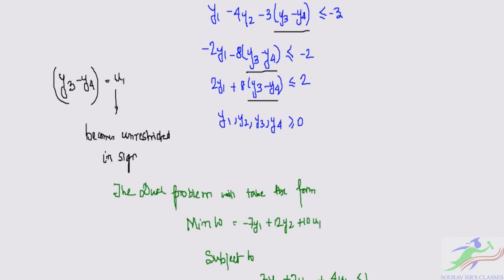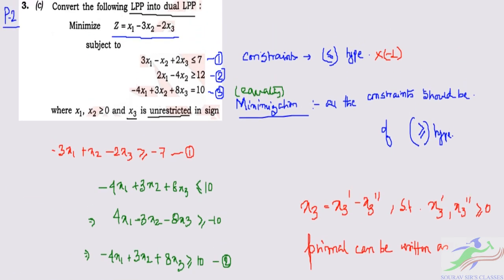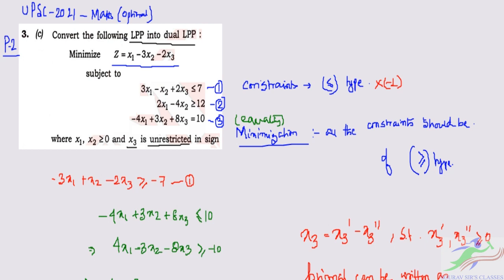So this solves question 3C. It's quite elaborative and explanative, you can see. So that is the way you have to solve this problem. The only way it can happen is that you have to practice a lot. In UPSC the question is never unsolvable at that moment.